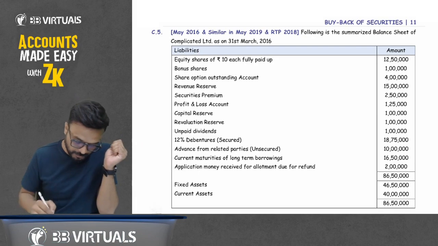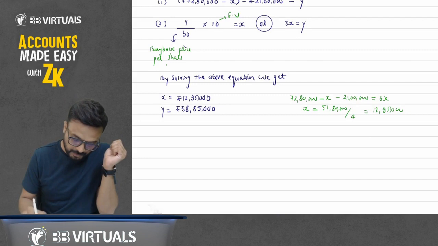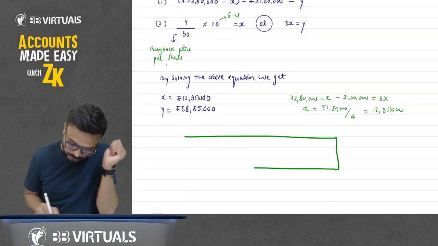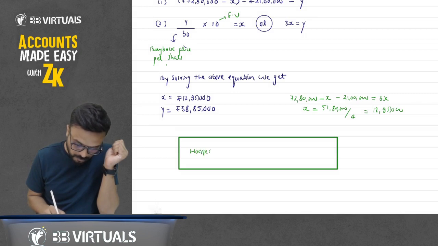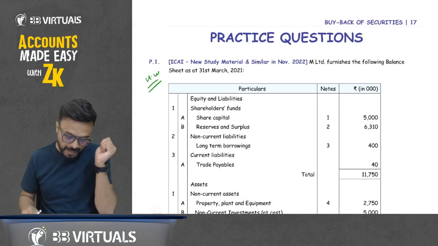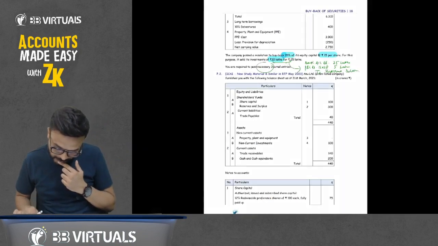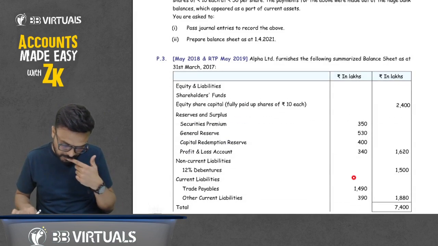But today's homework: practice question number one, done. Don't do the second because this is redemption of preference shares. This point we'll cover in the next session.